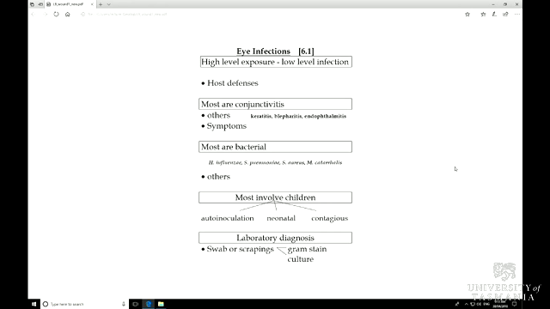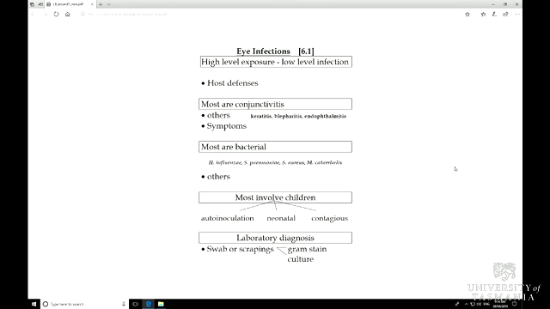In a neonate, things here are a little bit different. So possibilities with a neonate can include things that they might get from the mother. So classically, chlamydia and Neisseria gonorrhoeae can cause eye infection in neonates, acquired from the mother during birth. However, the most common cause of conjunctivitis in the neonate is a blocked tear duct.